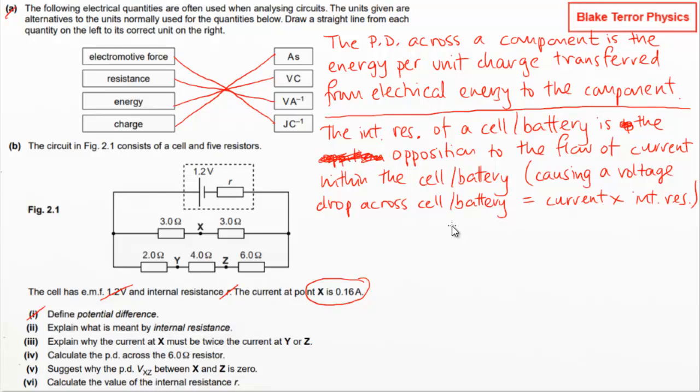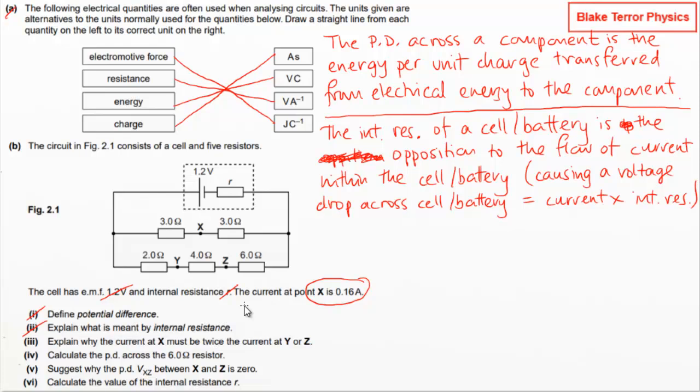I always find explaining what is meant by internal resistance quite a difficult one, because people want different levels of detail on this, and it changes from mark scheme to mark scheme quite often. So putting in both things, a description and a little bit of a formula as well, it covers all bases, doesn't it?